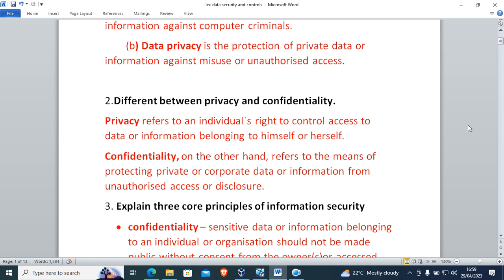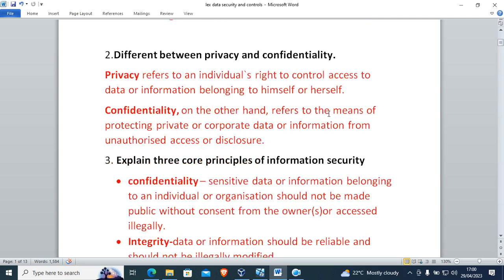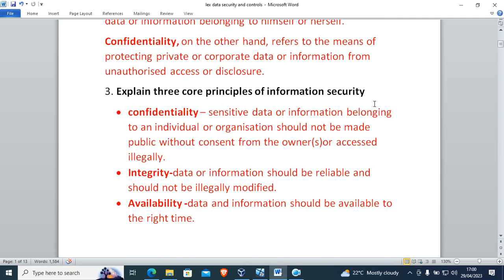You should know whom I should give the password or PIN number and whom I should not give. Confidentiality, on the other hand, refers to the means of protecting private or corporate data or information from unauthorized access or disclosure.